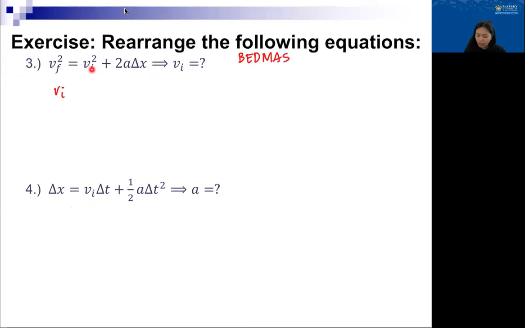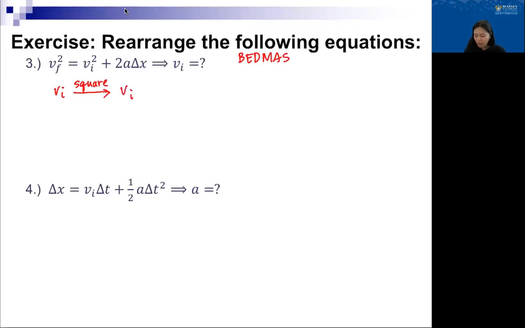But looking at this equation, you have VI squared and then plus 2A delta x. That says that the exponent square comes first before the addition. So that means before adding 2A delta x, you have to square VI first.